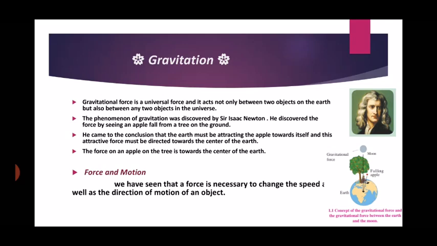The phenomenon of gravitation was discovered by the great scientist Sir Isaac Newton. He discovered the force by seeing an apple fall from a tree on the ground. Sir Isaac Newton sat under the tree, and he saw the apples falling from the tree to the earth. Some apples fall at 90 degrees, and some fall on the earth horizontally.